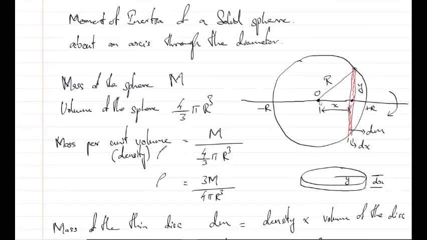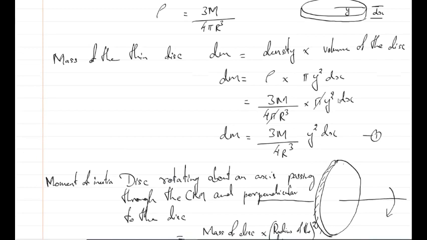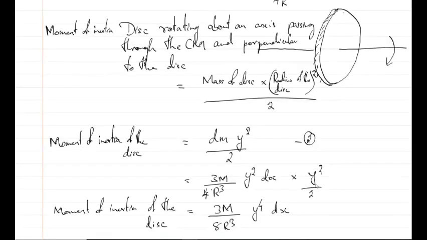You can name this triangle if you want: OAB. Let's say OAB is a right triangle. From triangle OAB, we can write r square is equal to x square plus y square.